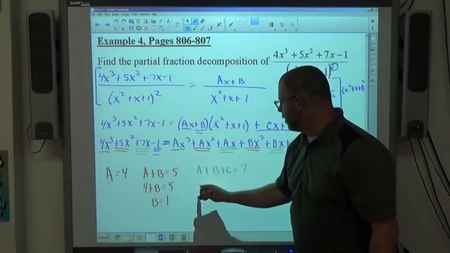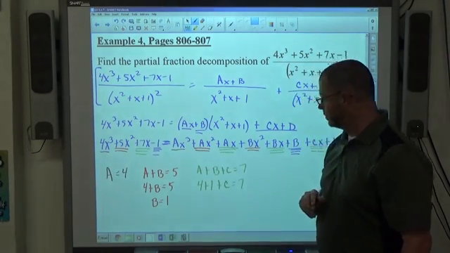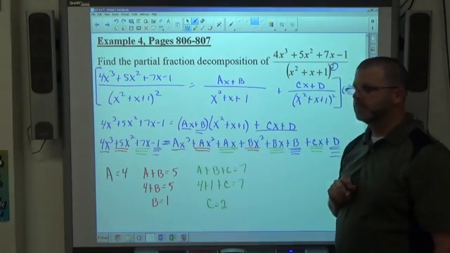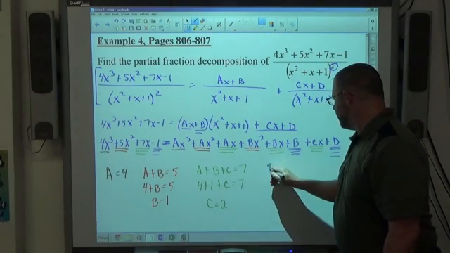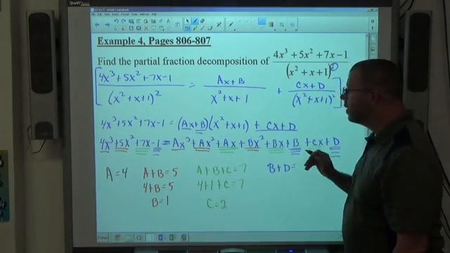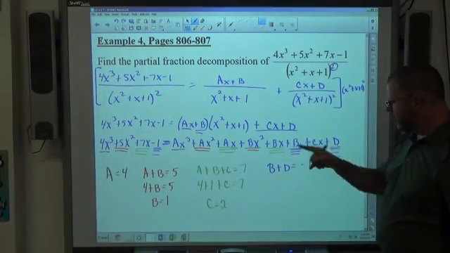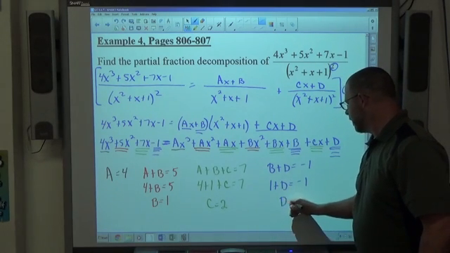But we know that a is equal to 4, b is equal to 1, and c is what we don't know yet. 4 plus 1 is 5, move it across, we're going to get c is equal to 2. And finally, I can see that b plus d has to equal negative 1. Constant matches the constant. B is equal to 1, so d would equal negative 2.